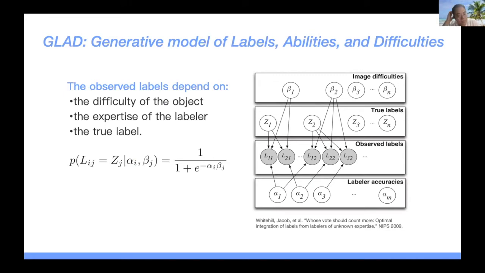Beta means the difficulty of the task. Beta_j indicates the task difficulty of the jth image. So if a task is easy and the labeler is very accurate, the probability of the observed label is very high.